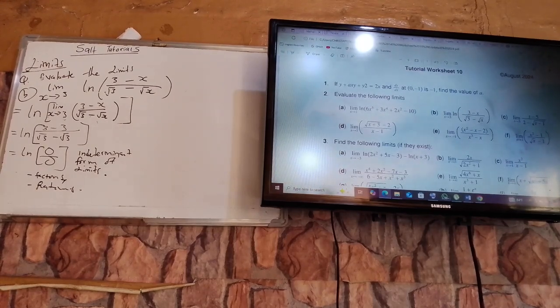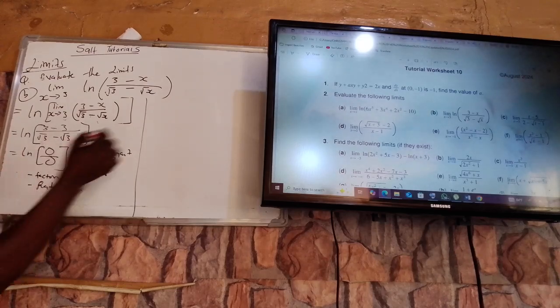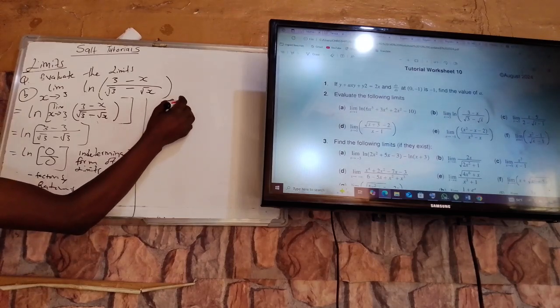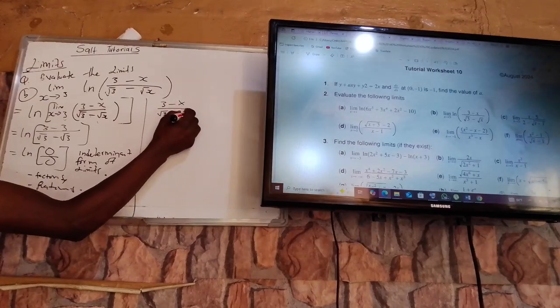All would be the same thing. So let's try to simplify the inside part. So I'm going to have 3 minus x over root 3 minus root x.